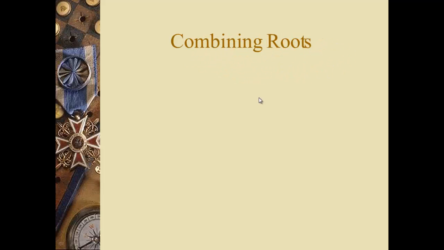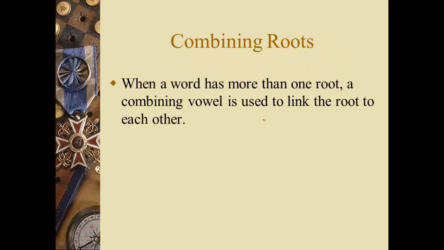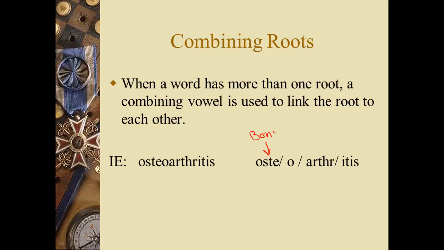Let's talk about combining roots. When a word has more than one root, a combining vowel is used to link the roots to each other, the two different roots or three different roots. For example, osteoarthritis. Oste is bone, arthr is joint, and itis happens to mean inflammation.